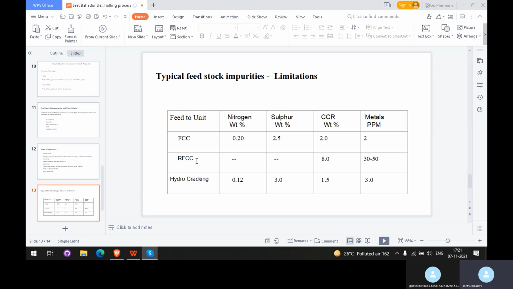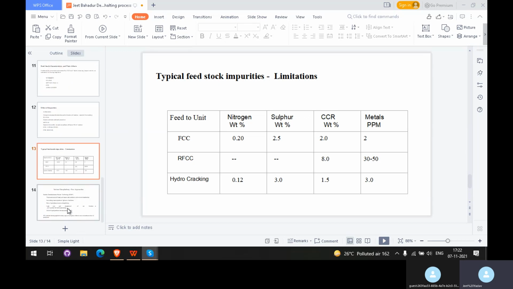In RFCC, CCR is 8.0 weight percentage and metals are 30 to 50 ppm. And hydrocracking basically has 0.12 weight percentage of nitrogen, 3.0 weight percentage of sulfur, 1.5 weight percentage of CCR, and 3.0 ppm of metals.